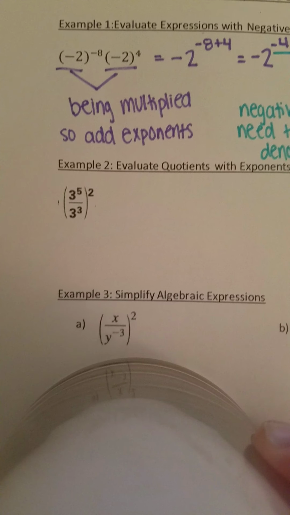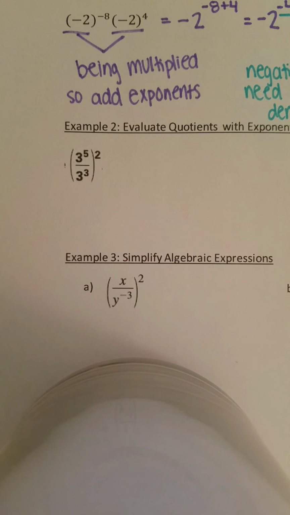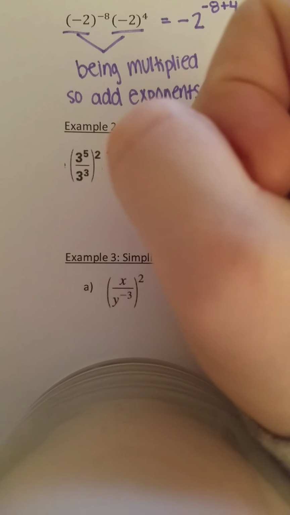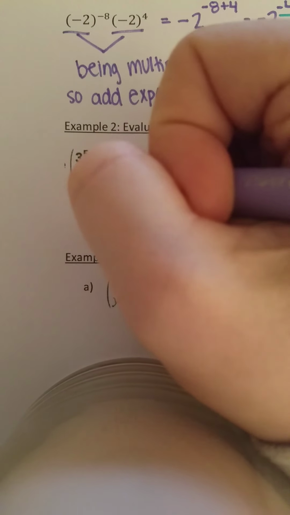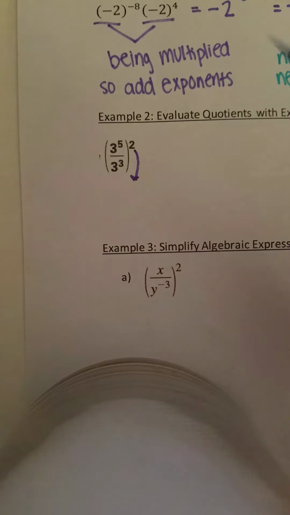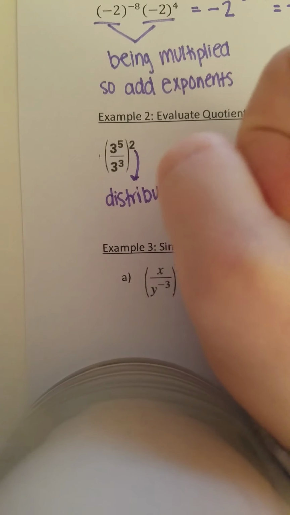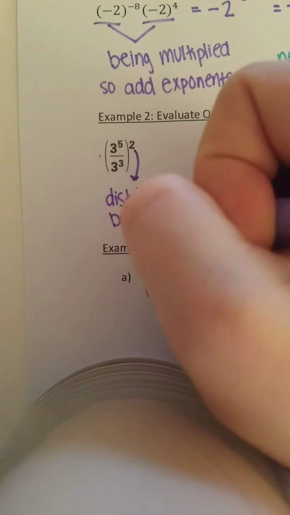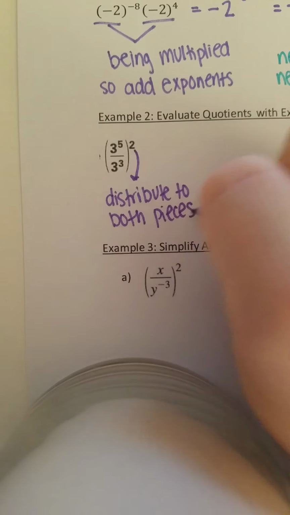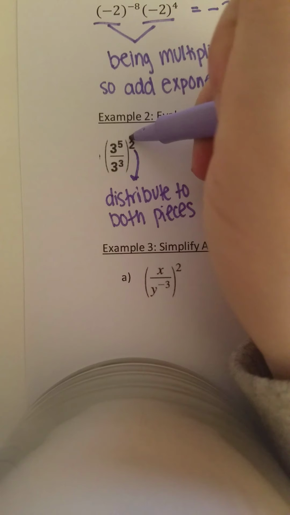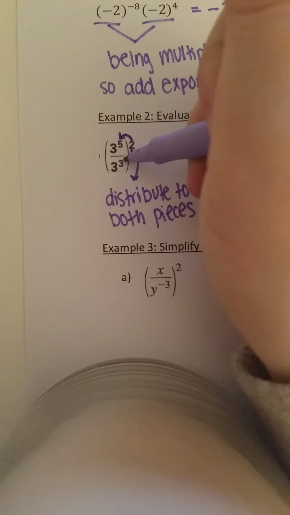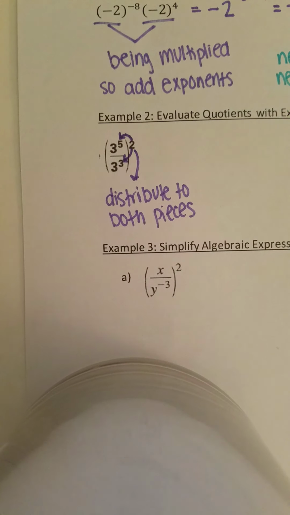All right, we're going to look at example 2. We have a number that is outside of parentheses, and whenever you have a number outside of the parentheses, we have to distribute. So distribute to both pieces. All right, so we're going to have the 2 to the 5 and the 2 to the 3.